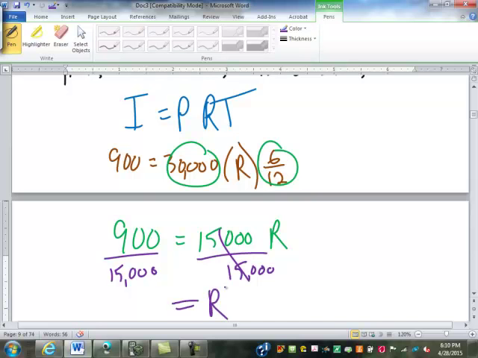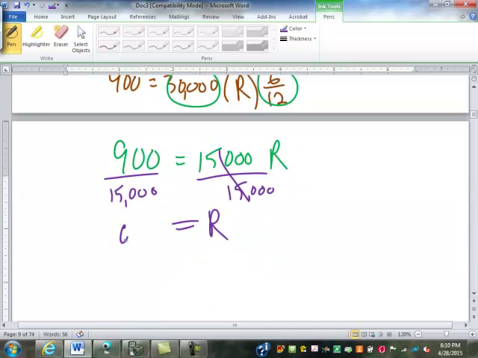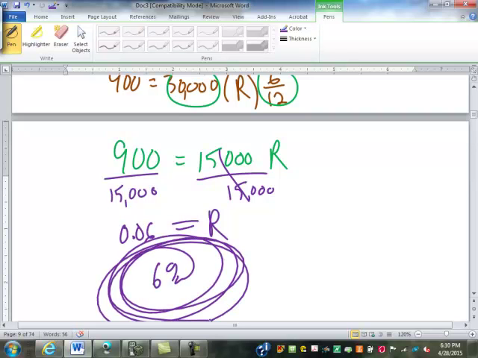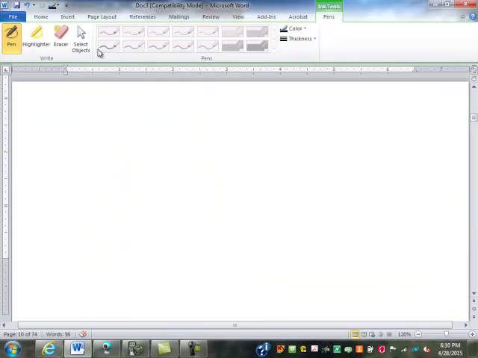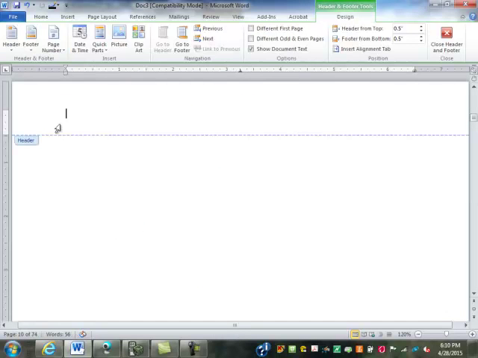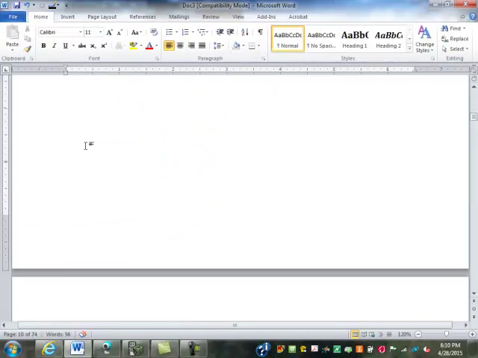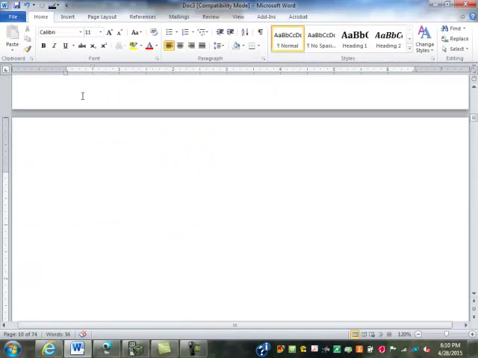R equals 0.06. That is 6%. Questions? Cool.